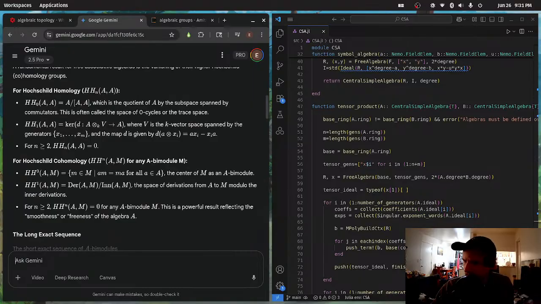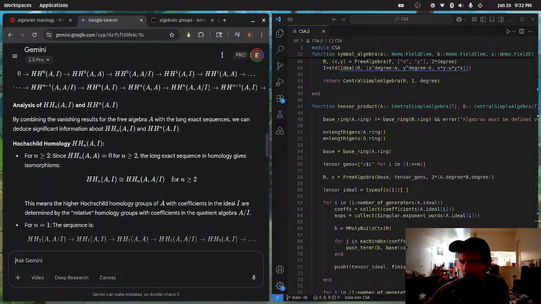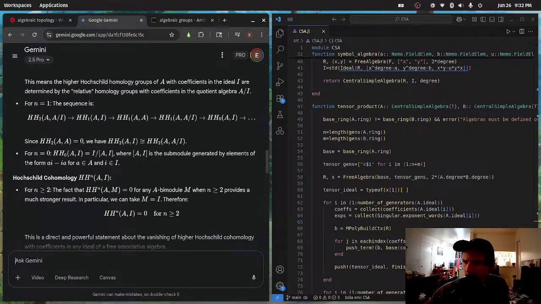And HH0: it's not saying that the space of commutators is an ideal. It's not the ideal generated by commutators, so that's some non-zero thing too, I guess.